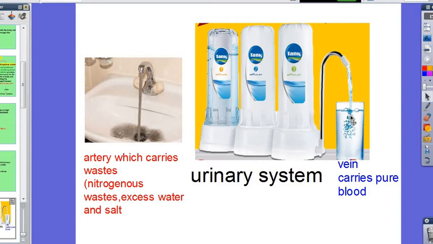So here I have two types of tap. I have the first tap, which contains the wastes, and the tap which collects the clean water after it is filtered. Okay, like the filter inside our home, we have the urinary system.